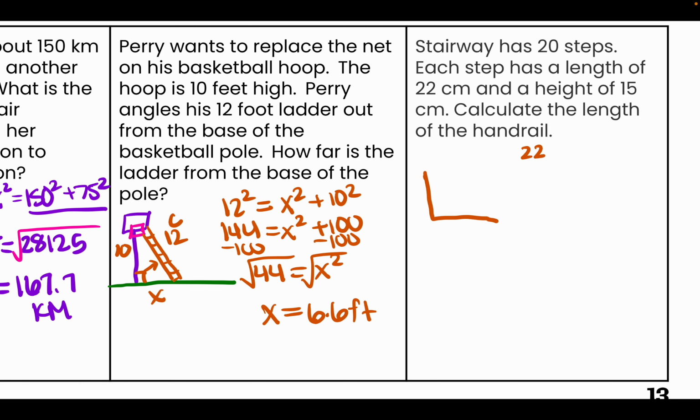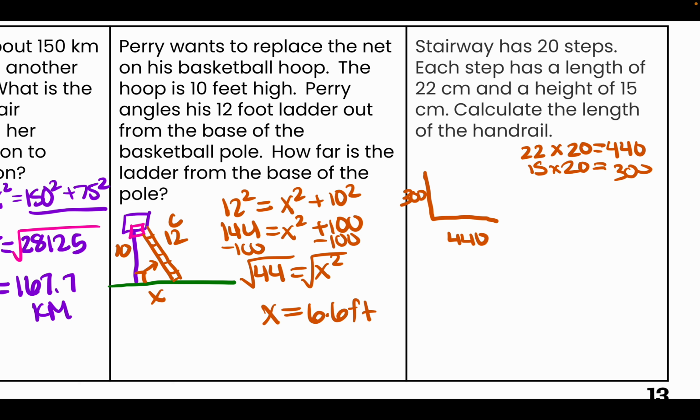So 22 times 20 is 440. So that means the length is 440. Our height would be 15 times 20, so that's 300. So this would be 300.